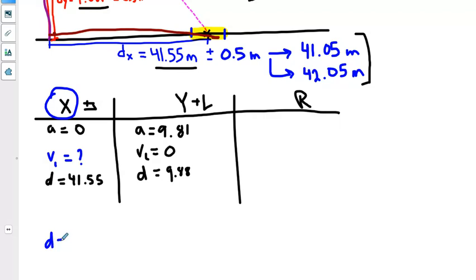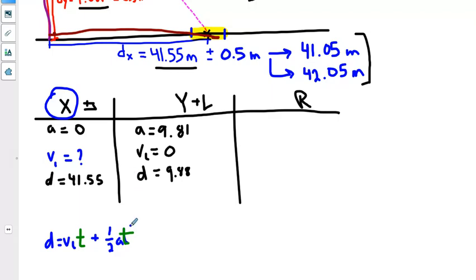D equals VIT plus 1/2 AT squared. I'm going to put T in a different color because we don't have it. This is what I would do first. I would first write an equation that allows me to solve for the thing I want, recognizing here that I don't have time and I want VI.